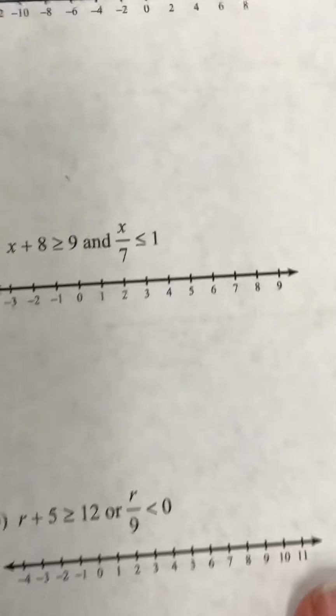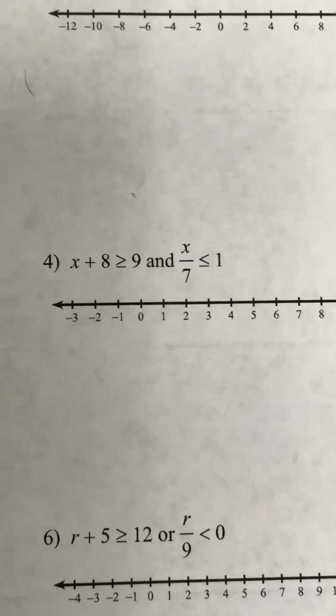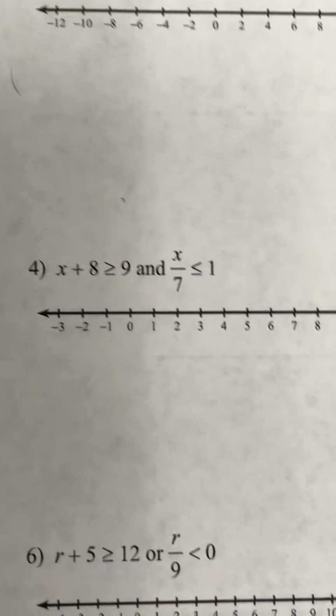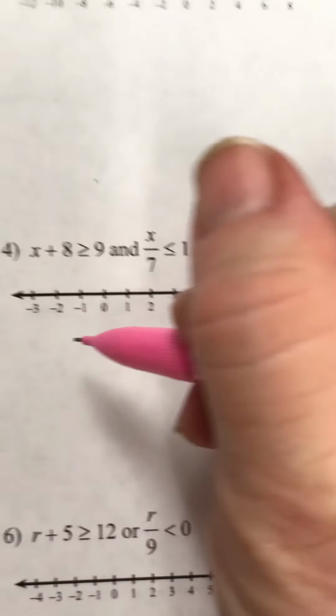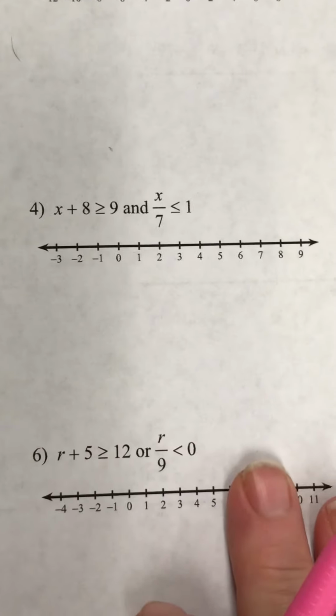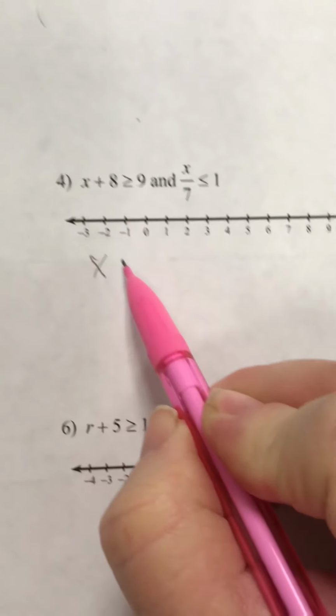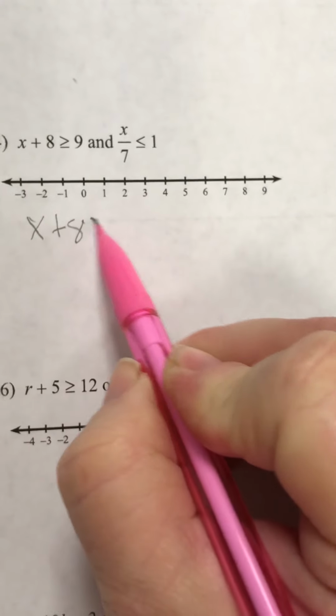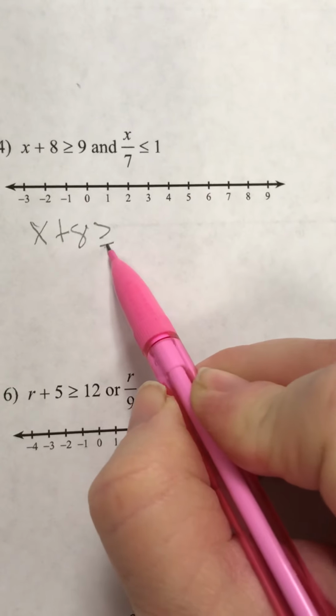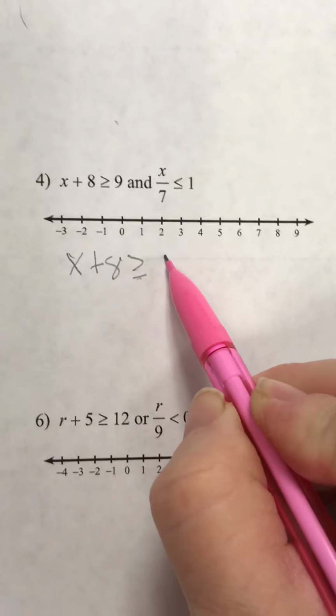And so then we look at number 4 with our "and" in it. And so it's two different equations, and we solve these the same way. And so we're going to say x plus 8 is greater than or equal to 9, so now we're going to fill in that dot this time.